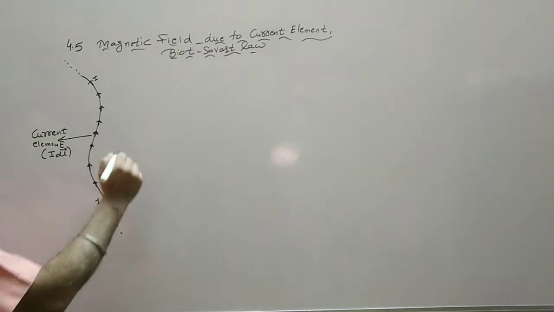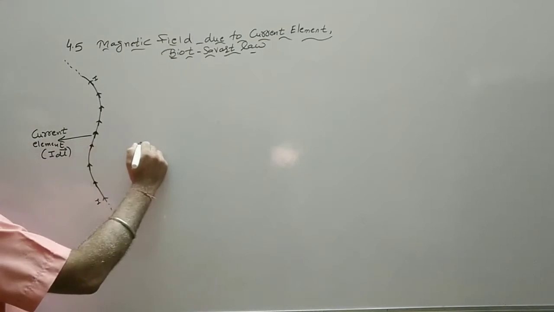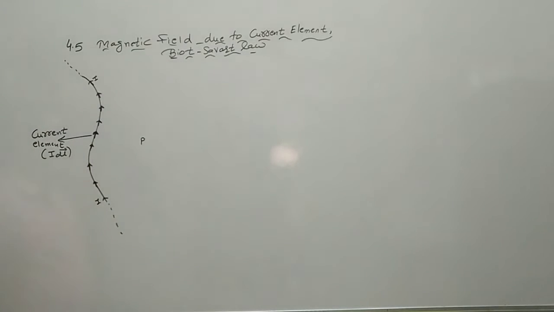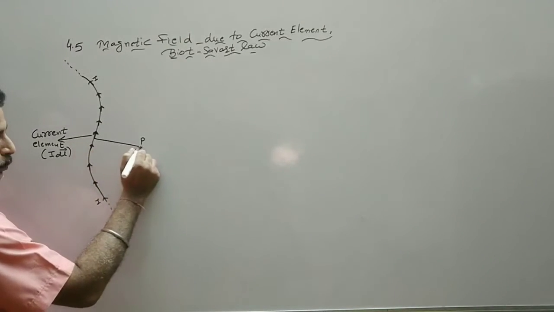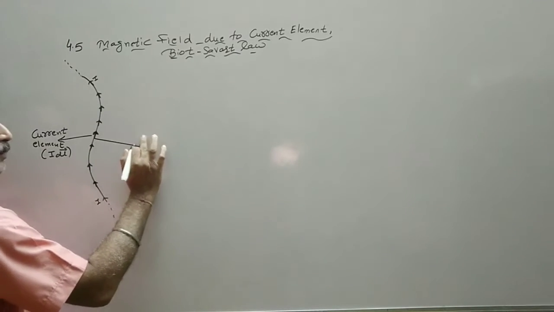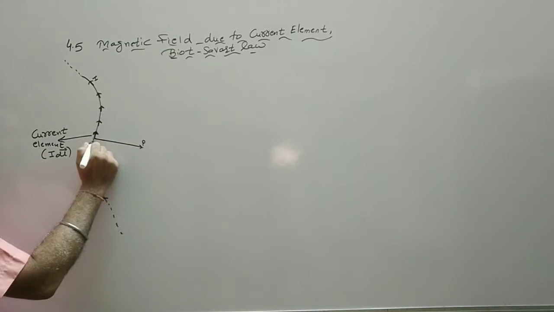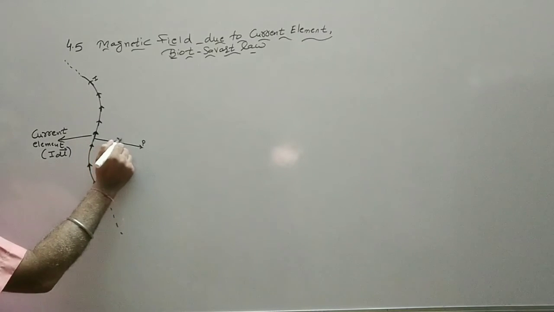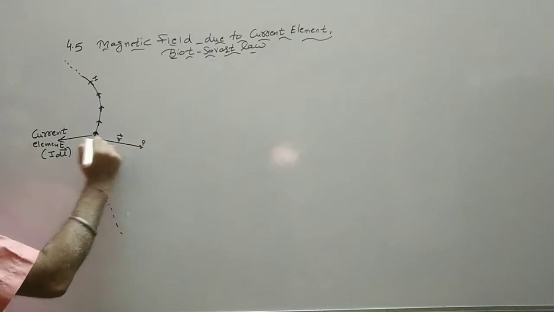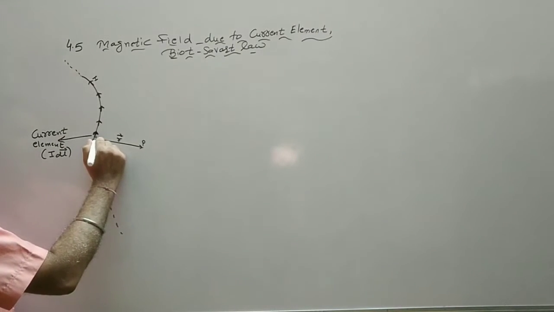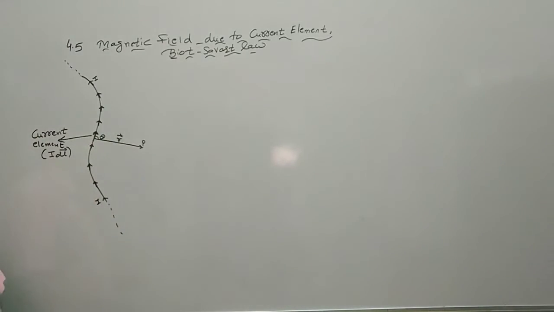Now suppose we want to find out the magnetic field intensity at a point P. Now let us consider this as a position vector at point P. So we consider a point P, this is a current element and this is a position vector. Let the angle between the current element and the displacement vector be theta.